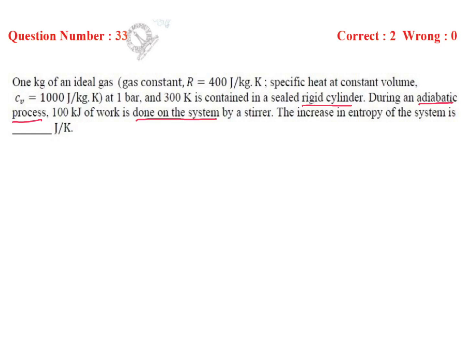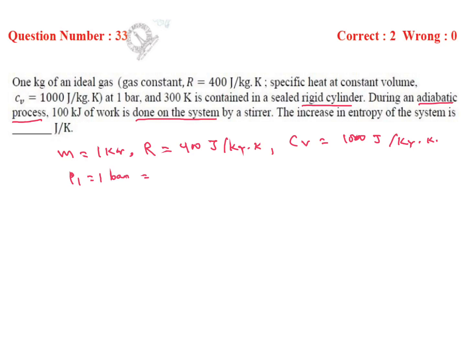So data is given. Mass is 1 kg. Gas constant R equal to 400 joule per kg Kelvin. Specific heat at constant volume Cv equal to 1000 joule per kg Kelvin. Initial pressure P1 equal to 1 bar or 10 to the power 5 Newton per meter square.